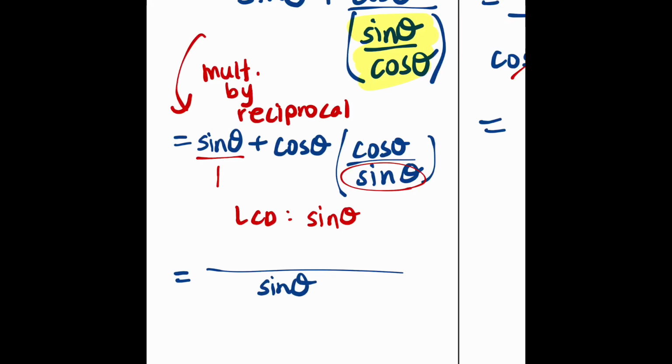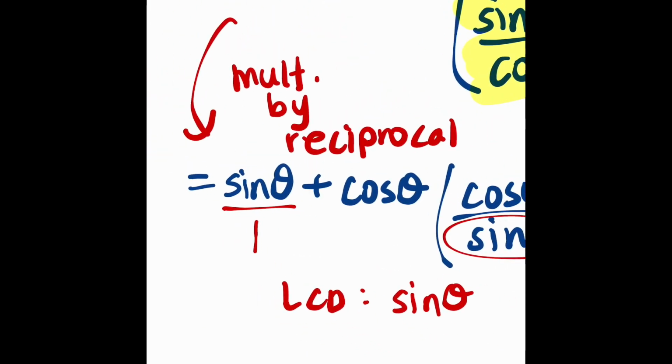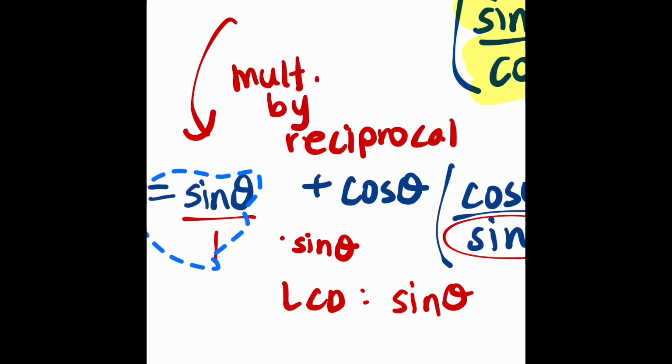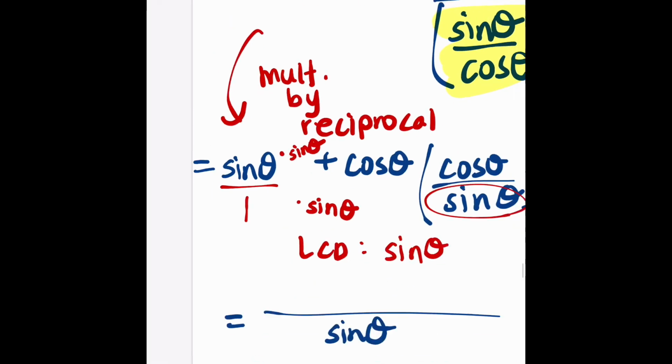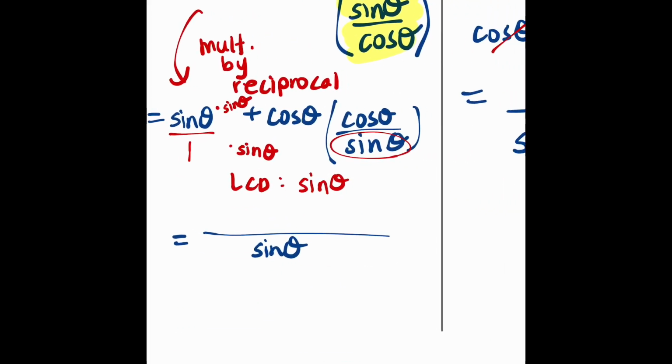To get that term to have a denominator of sine theta, I need to multiply the bottom by sine theta and also the top by sine theta, because what I do to one part of the fraction, I have to do to the other. And so I'm going to have sine squared theta, because I have 2 of them, plus cos theta times cos theta is equal to cos squared theta.